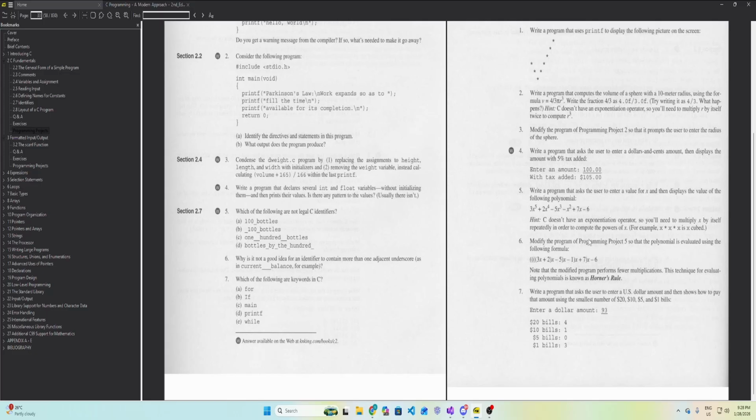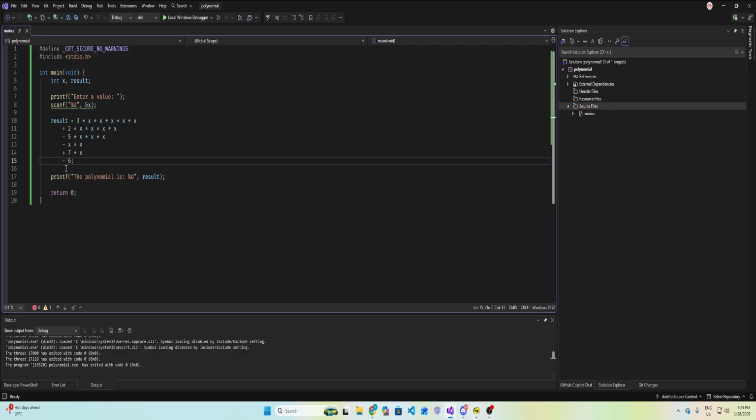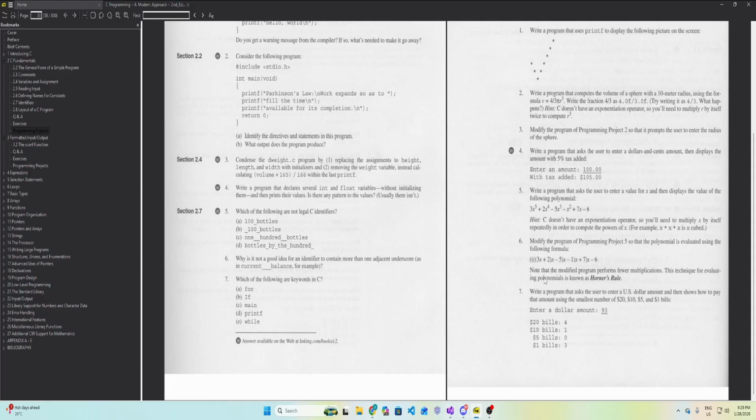Modify the program so the formula changes. This looks much cleaner. Okay, so let's not make this look better because this works, but instead I'm going to change it up to be this formula.